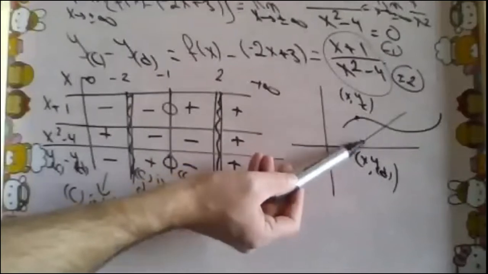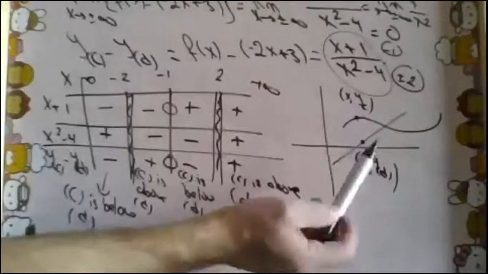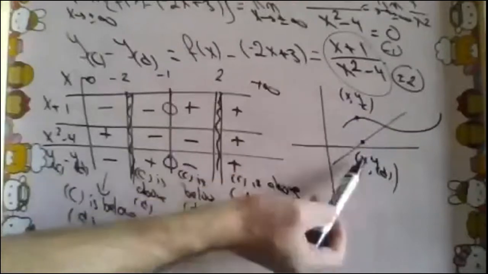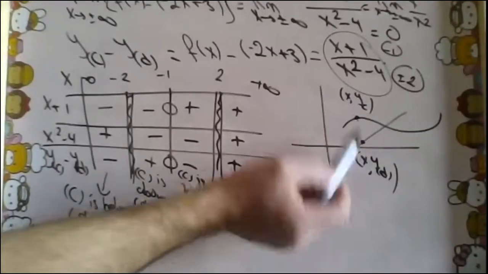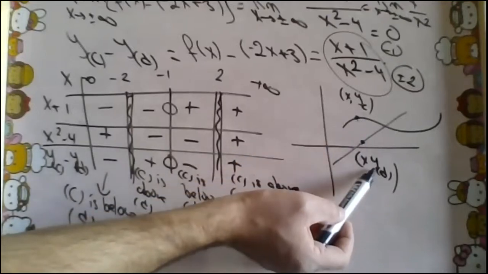This point is above this point, which means yc is greater than y of d.